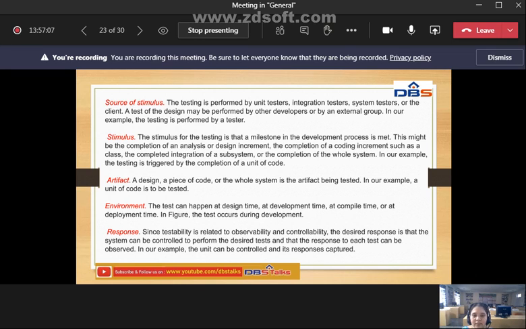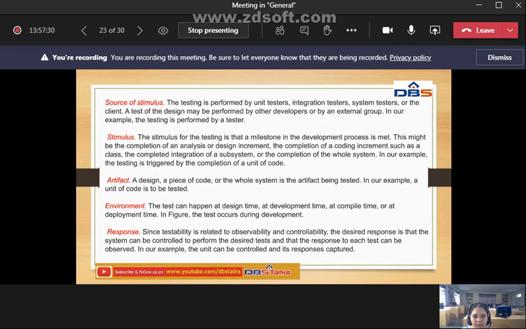Environment: the test can happen at design time, at development time, at compile time, or at deployment time. So, testing can be done in various phases.